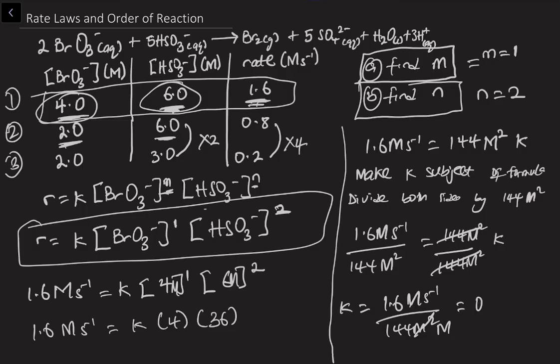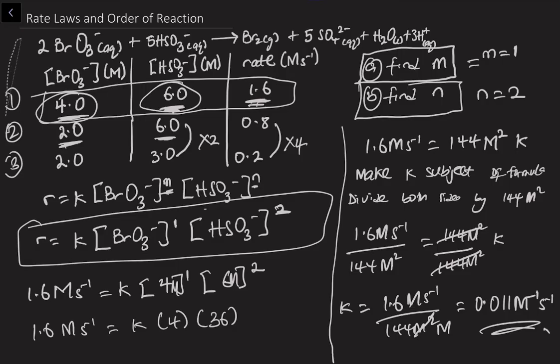It's equals to 0.011 per molar square per second. So this is how we find the rate law and K.